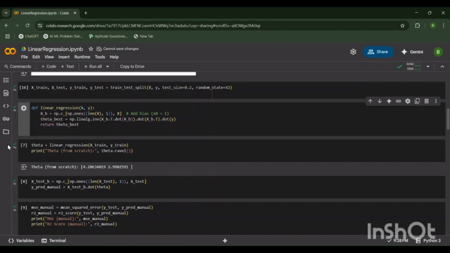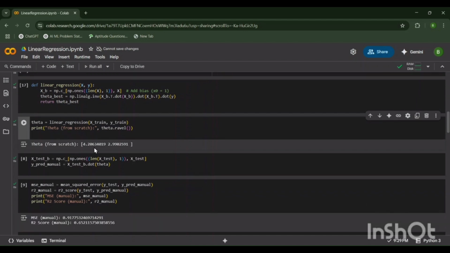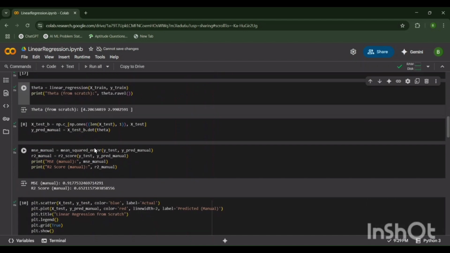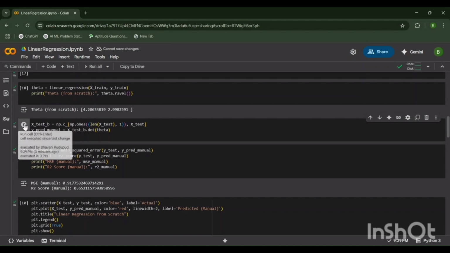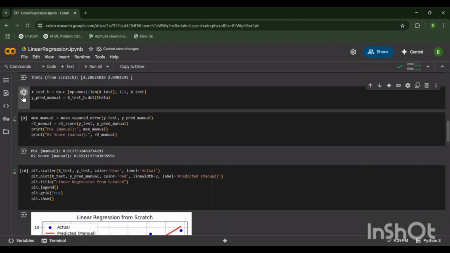And now this cell views the model parameters, printing the parameters obtained from the normal equation. This contains small test values, x equals 0 and x equals 2, to use for prediction. This particular cell uses the learned model parameters to predict the y values for the x inputs.